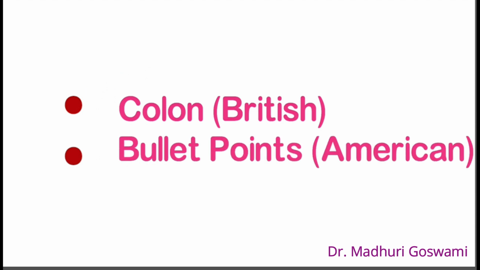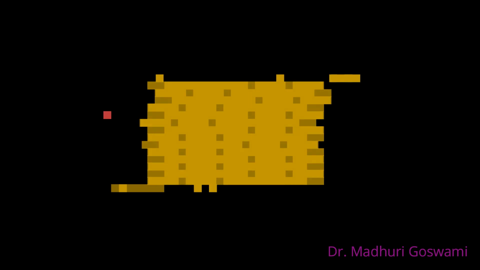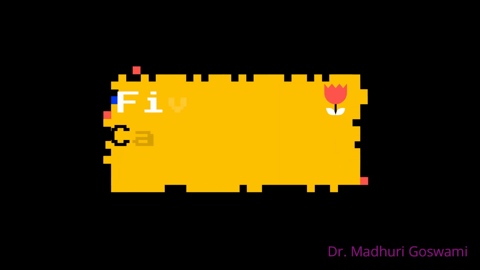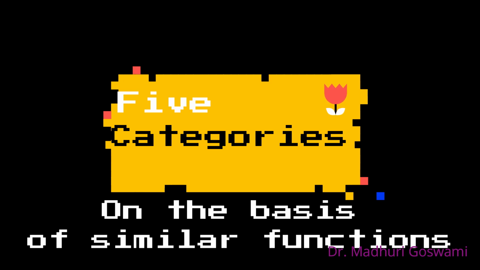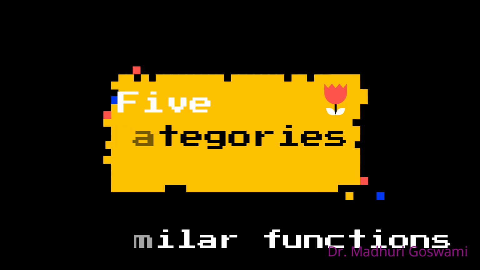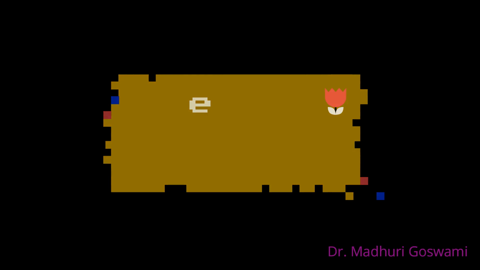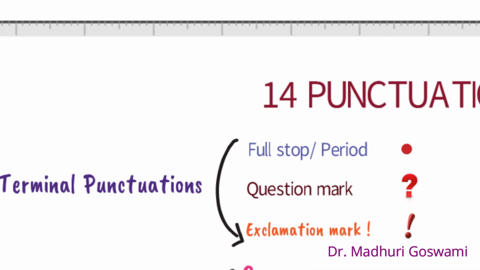Dear learners, as you know, we have divided these punctuation marks into 5 categories on the basis of their functions, their uses and some other similarities. In the first category, we have the terminal punctuation marks. 3 of them are the full stop, the question mark and the exclamation mark.